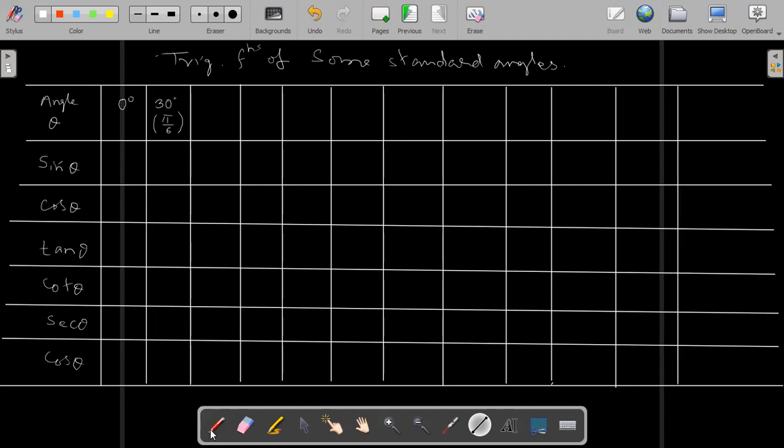Up to here, 360 degree. So 30 degree, then we have 45 degree, that can be written as pi by 4.